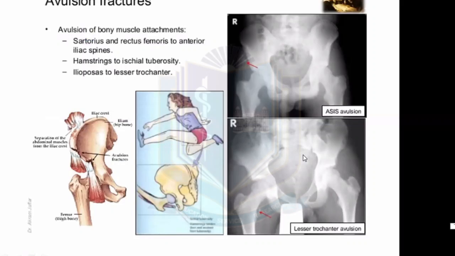Avulsion. What is an avulsion? When there is excessive extension, the tendon attached to the bone tears or breaks.